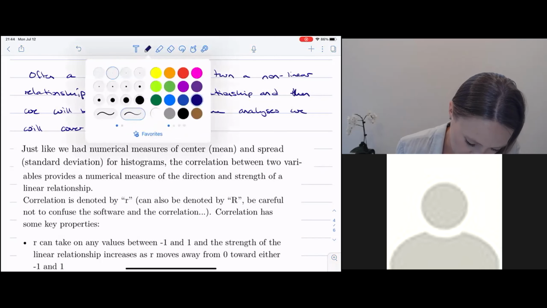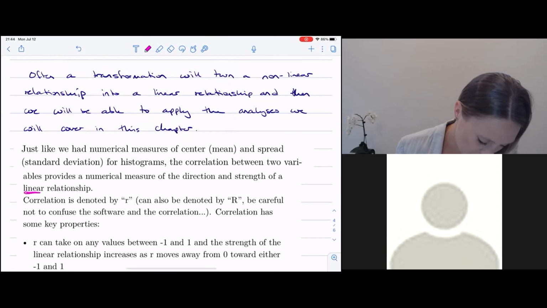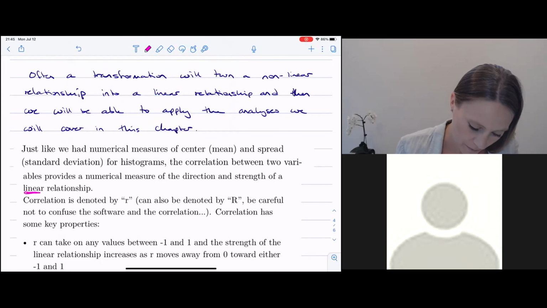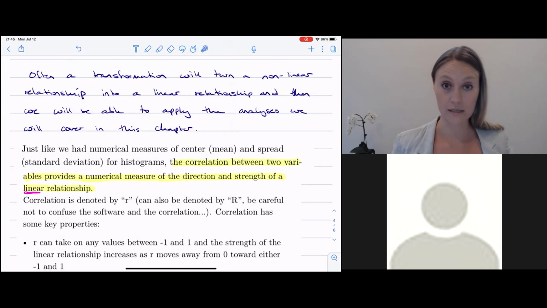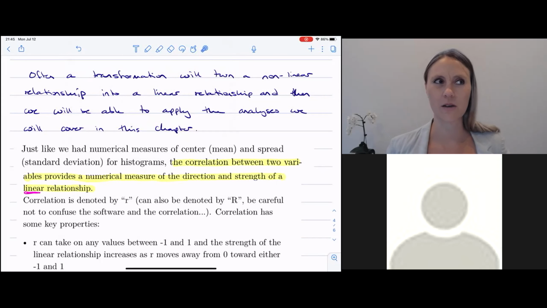A couple of highlights I want to make here. It has to be a linear relationship. And here I'll highlight the definition of the correlation. Well, I guess it's not formally a definition, but that's what it does and what it is.